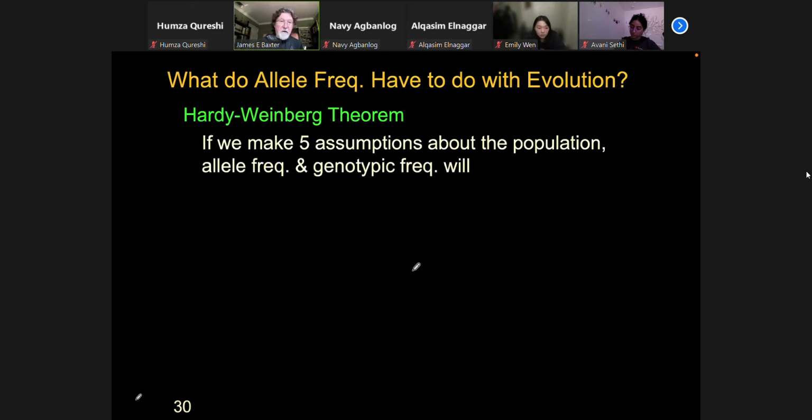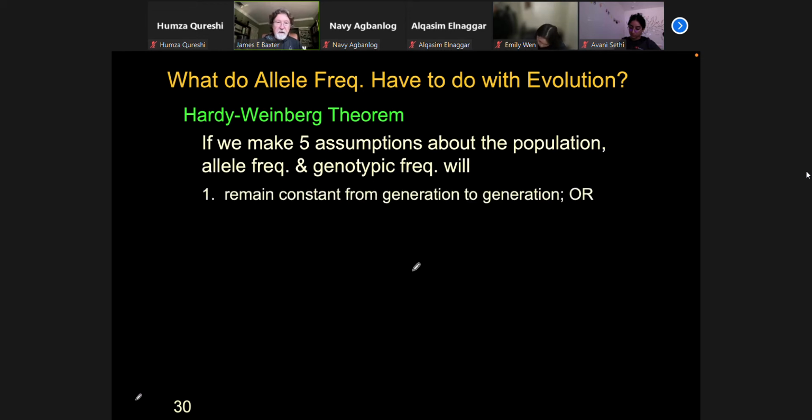Okay, so the Hardy-Weinberg theorem is that if we make 5 assumptions about a population, then allele frequency and phenotypic frequency will not change from one generation to the next. Then the population is not evolving.